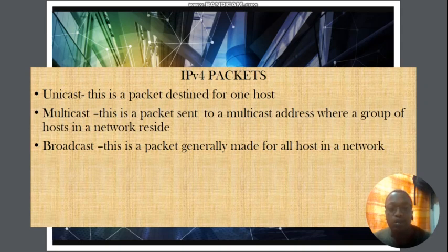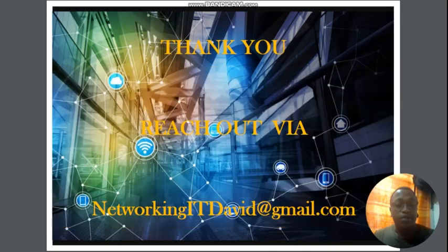So if you're sending a multicast packet, you send it to the multicast IP address, and the hosts or clients who are in the multicast group in the network are going to get the information from there. So the packet that is sent to a multicast IP version 4 address is a multicast packet. A broadcast packet, we talked about it earlier, and we said it's a message that could be sent to all hosts in a network. And I believe that is all for IP version 4 addresses.